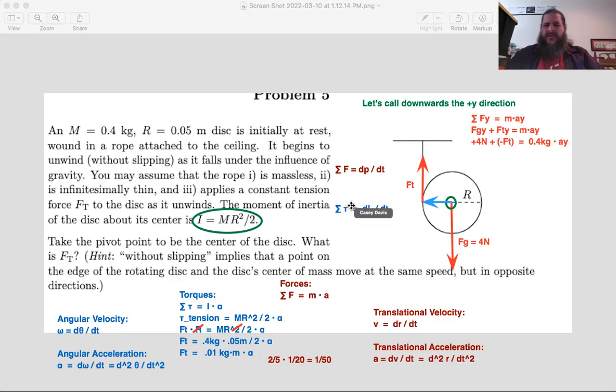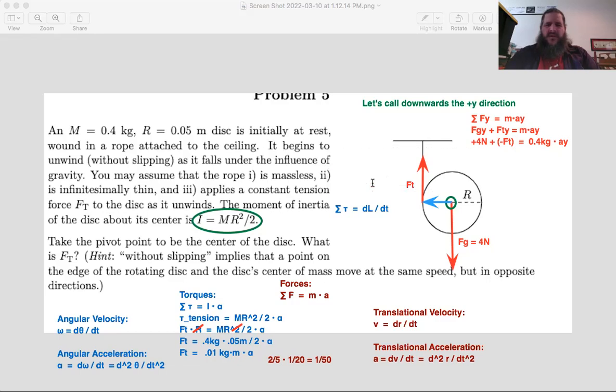But if we fill in some other definitions, what does translational momentum mean? Mass times velocity. Right. If we fill in mass times velocity here, also in general, mass should not be expected to change. We should expect the mass of the object to stay constant. And what could you do with a constant multiplier inside a derivative?